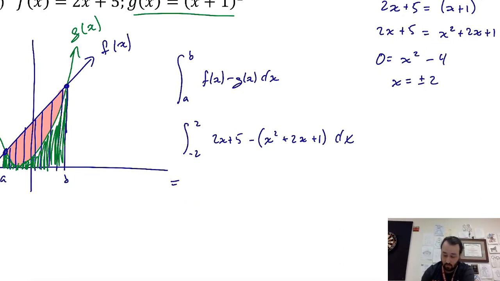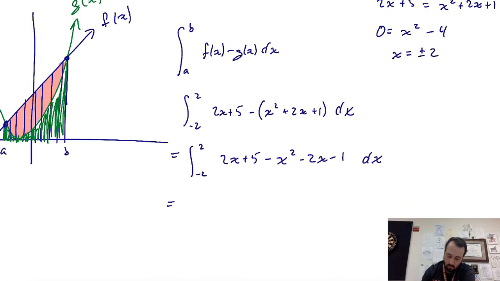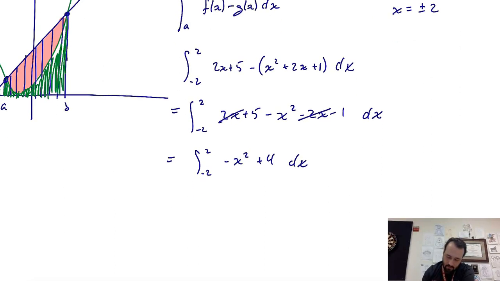But I'm going to rearrange this stuff first. All right, so I lose my 2x and my 2x, so I really have negative x squared plus 4 dx. So this is the integral.